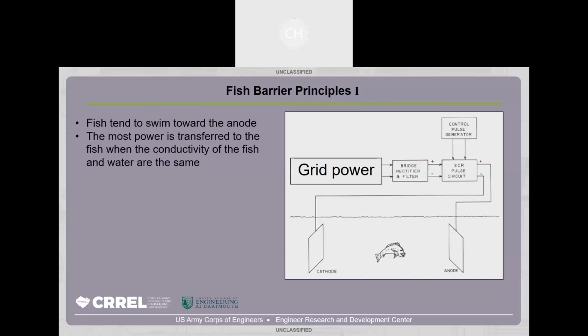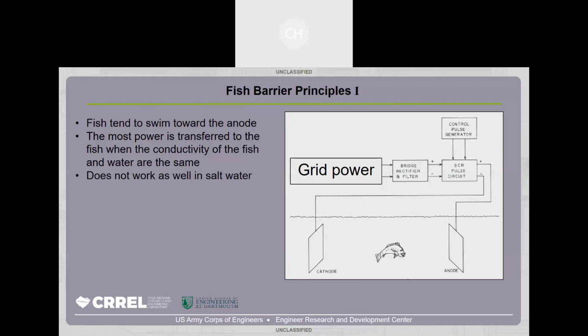Most power is transferred to the fish when the conductivity of the fish and the water are the same. This makes sense. It's just a resistor network, and we know that when impedances match, that is when maximum power is transferred.